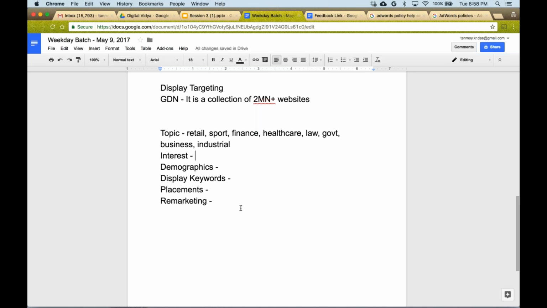Okay, what about news? Yeah, so news based websites will have a lot of categories related to that. Possibly they will have a lot of these particular website categories.